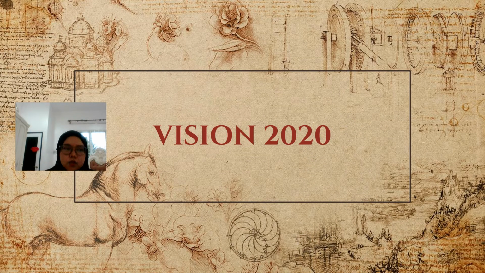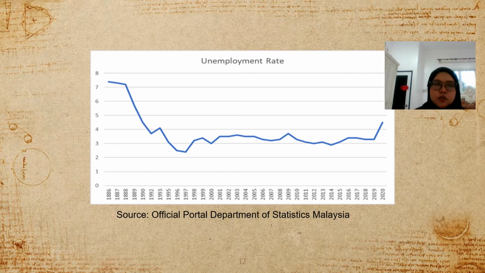Next, Vision 2020. There are 9 strategic challenges that have been outlined by Dr. Mahathir that Malaysia must overcome to achieve Vision 2020. Dr. Mahathir said that although Vision 2020 did not fully achieve what was planned, Malaysia has achieved a lot of progress and changes compared to before Vision 2020 was implemented.